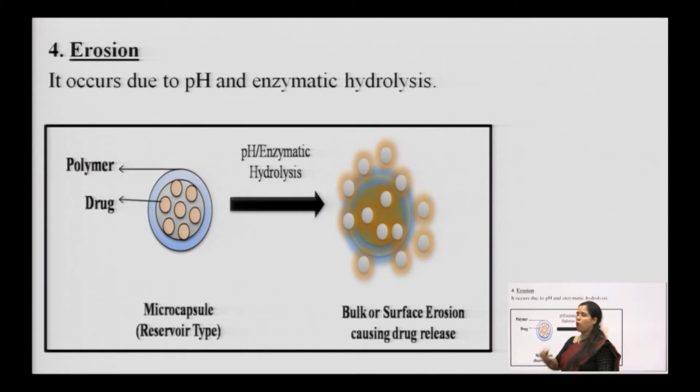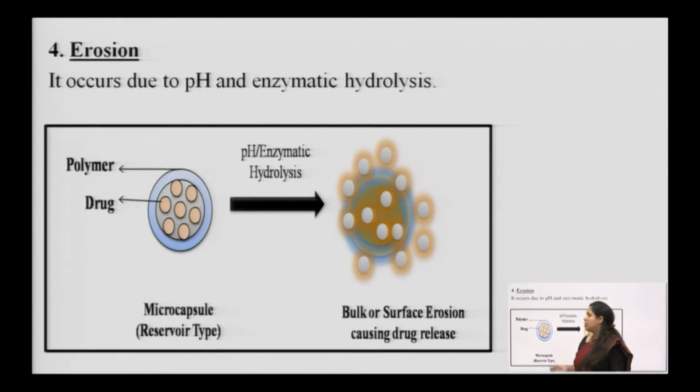Now the fourth and last one is erosion based release. In this, the polymer reservoir type, due to pH and enzymatic activation, the outer polymer membrane may degrade or erode completely and release the whole amount of drug from the microspheres.